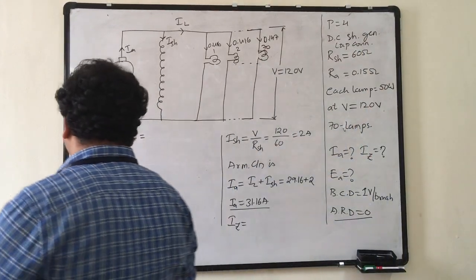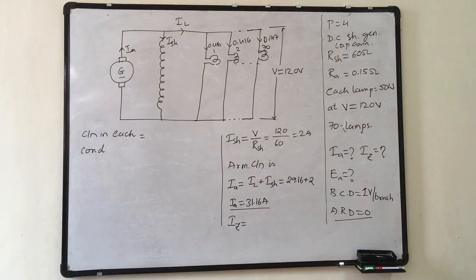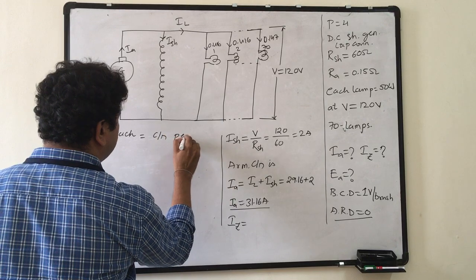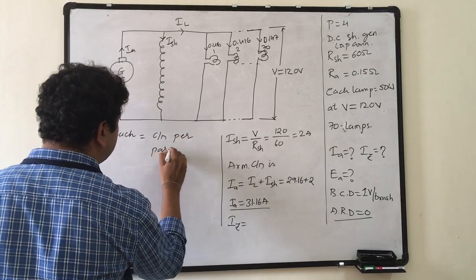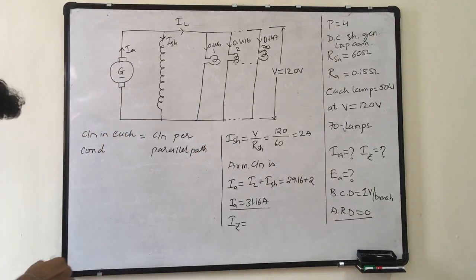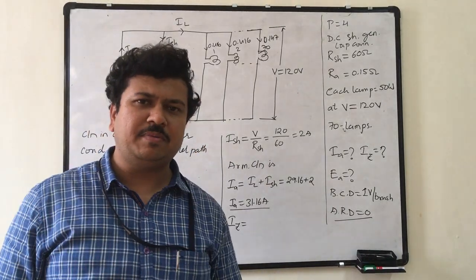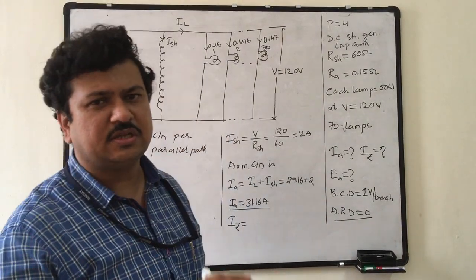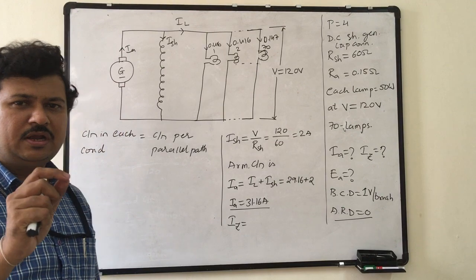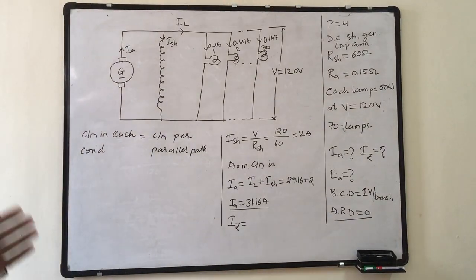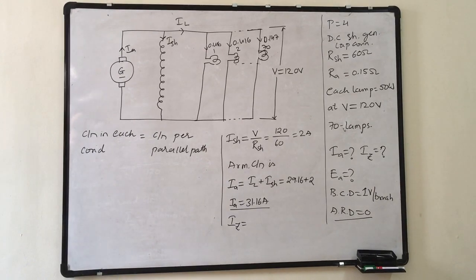So current in each conductor is nothing but current per parallel path, because all the conductors are distributed among various parallel paths, and in each parallel path all conductors are connected in series. Whatever one conductor carries, the same current is carried by all the conductors in every parallel path. So current per parallel path is nothing but current per conductor in a DC machine.